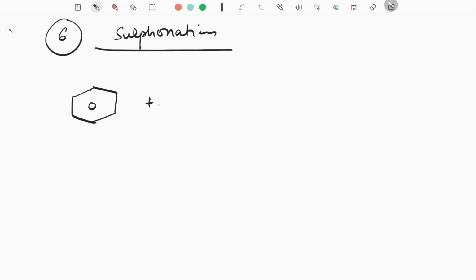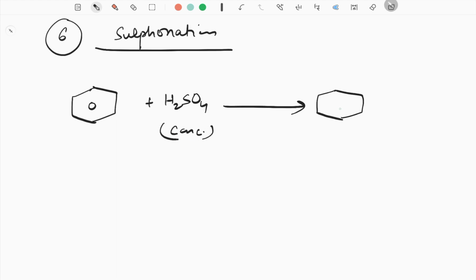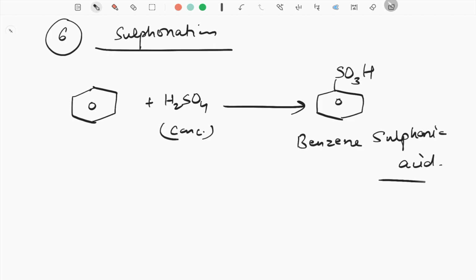Benzene with concentrated H2SO4 gives benzene with SO3H, benzenesulfonic acid. Mark, this is the concentrated version.